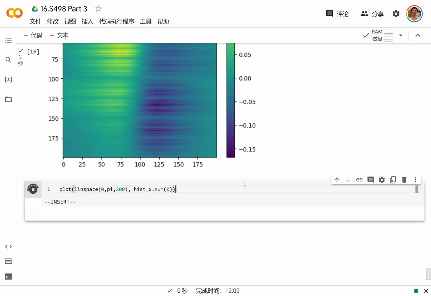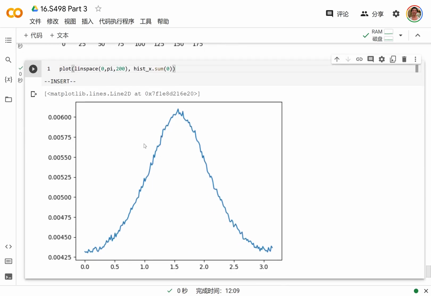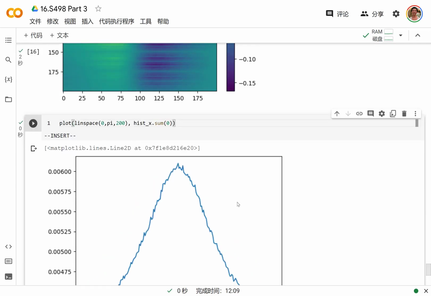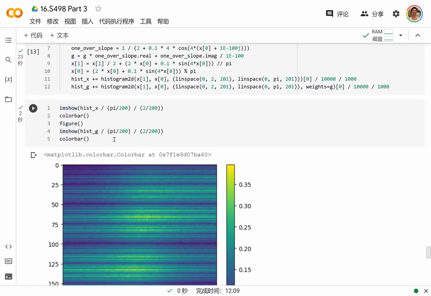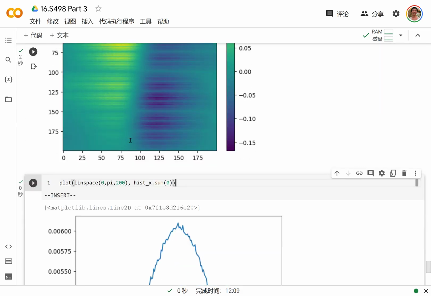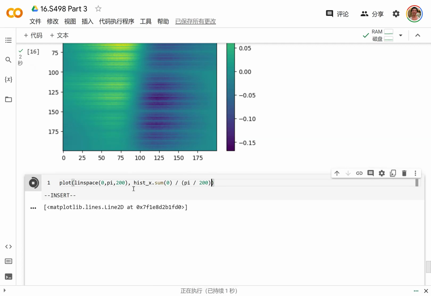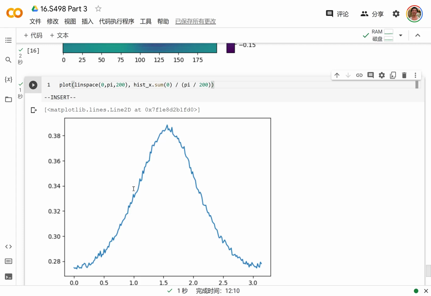So that should be what we have actually shown before, right? Again, I think we need to divide by pi over 200. Okay, so that's roughly the marginal distribution that's summed over the stable direction.